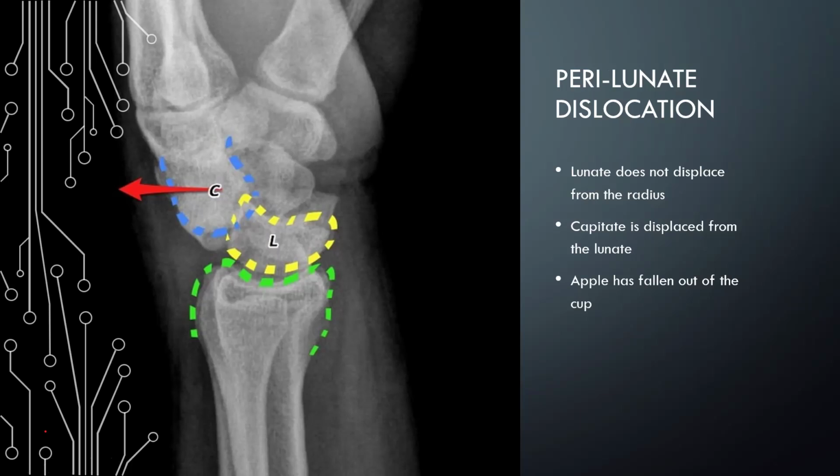Now, one thing that I haven't mentioned is, what do you do in the emergency department? Let's say you do find a lunate or a perilunate dislocation. Should you try and reduce it yourself? The answer is no. Very often, these patients do require reduction under sedation or reduction in theater.